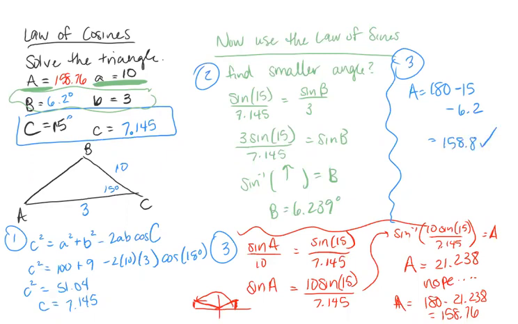So there is how to solve a triangle using the law of cosines. Now again, if you don't want to think about order, you can use the law of cosines for the entire thing. It's more algebra, but you don't have to think about the order in which you solve for things. So that's your call. If you have any questions, let me know.